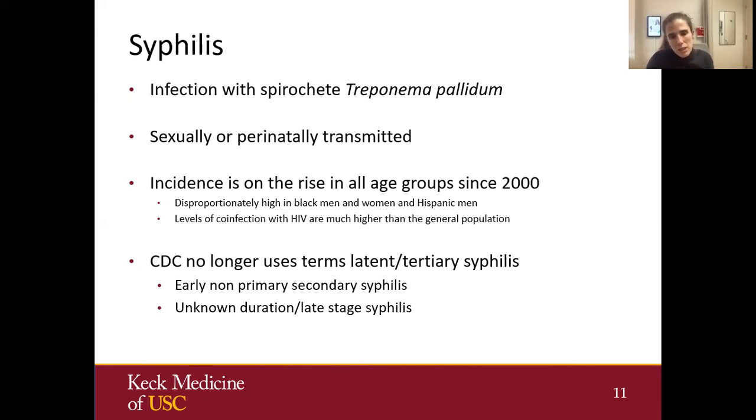These are people that have no symptoms or signs of primary or secondary syphilis but are believed to have acquired the infection less than a year from the time of diagnosis, versus patients of unknown duration or late-stage syphilis. Again, these are patients that don't have signs or symptoms of primary or secondary syphilis, and we don't know when they acquired the infection; it may be over a year's period of time. I was telling my residents about this and they said that just seems confusing, and I agreed with them. But anyway, I guess the verbiage is changing a little bit.